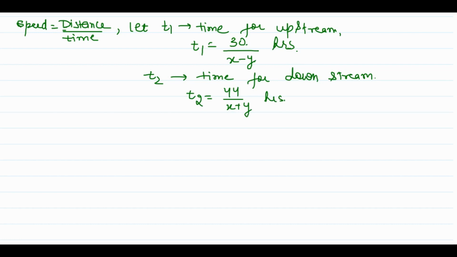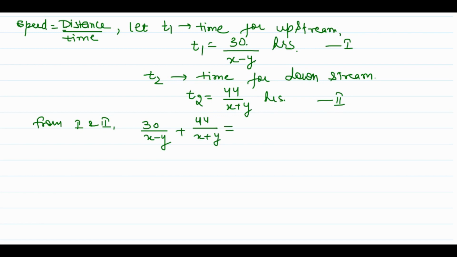This is the downstream time, the time the person took to come downstream. And we have the overall total time given to us. So if this is number 1 and this is number 2, from 1 and 2, we have 30 upon x minus y plus 44 upon x plus y is equal to 10 hours. Right? This is number 3.